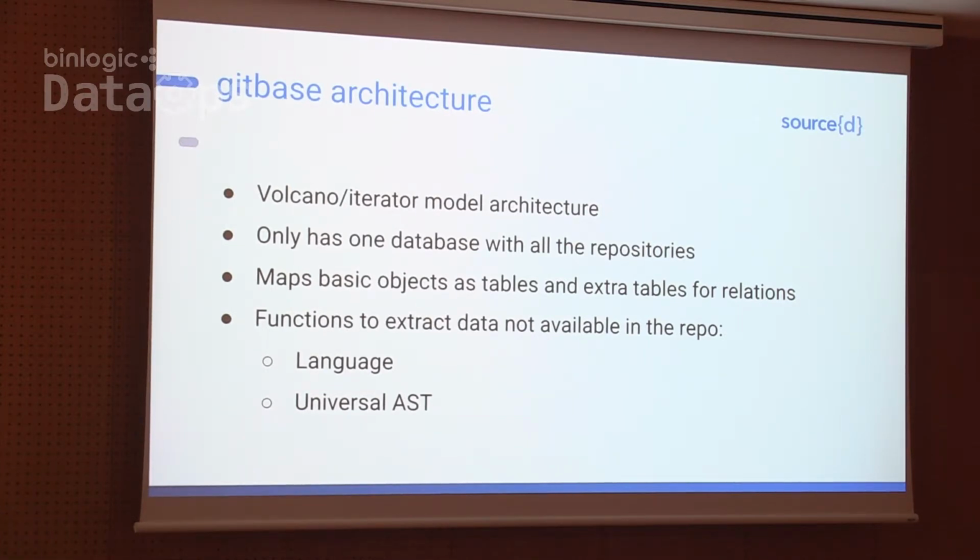We have the relation tables to know that this file belongs to this commit, and things like that, so you don't need to do a lot of jumps to know these things. And another table that makes it easier to work with files, but that's mostly it. Another thing that we add is the functions to extract things that are not inside the Git repo. That is the language and universal AST.